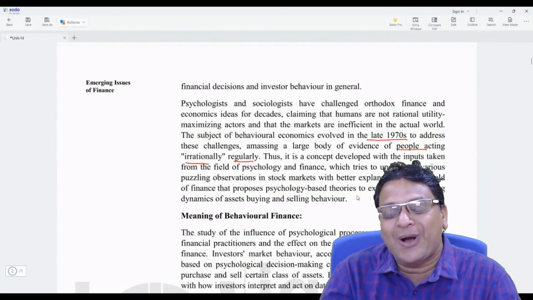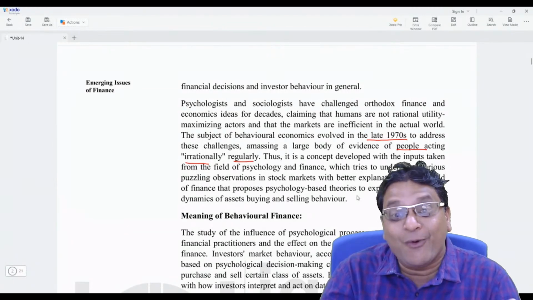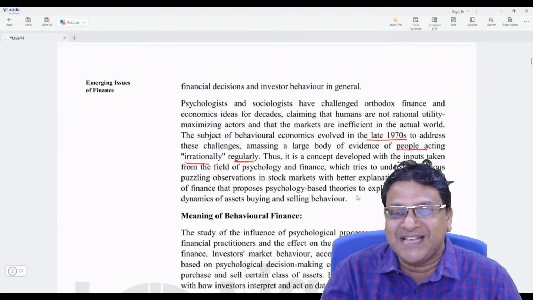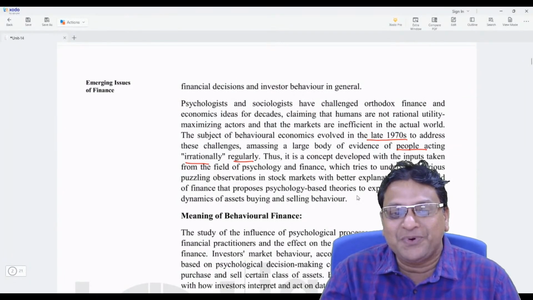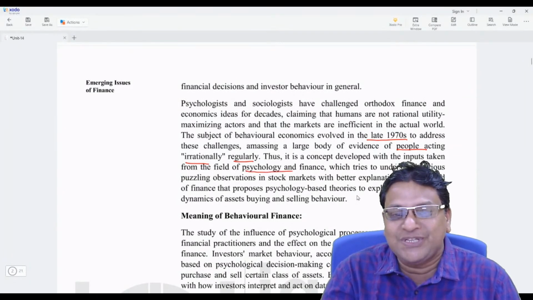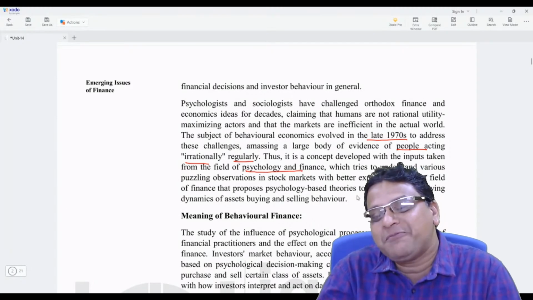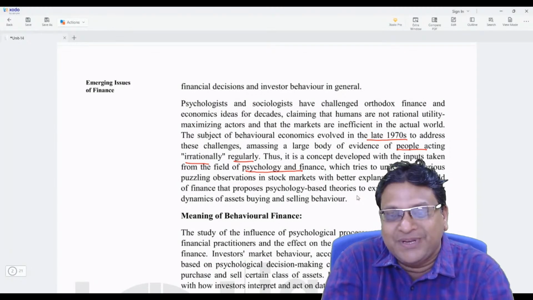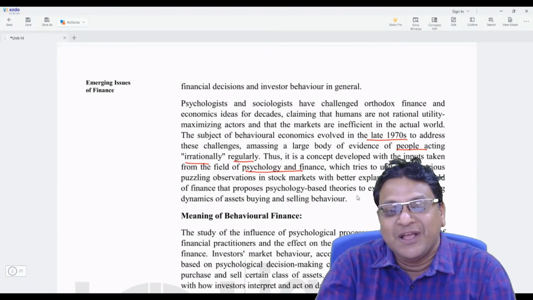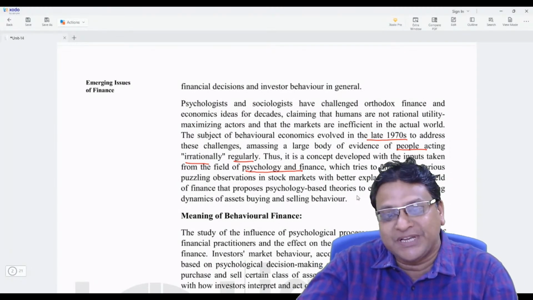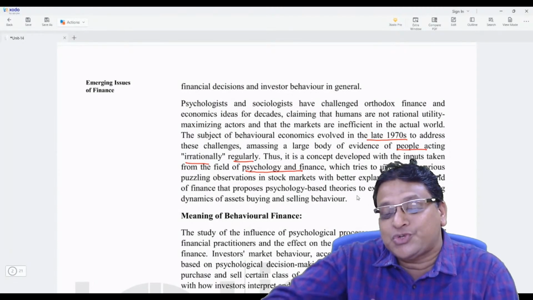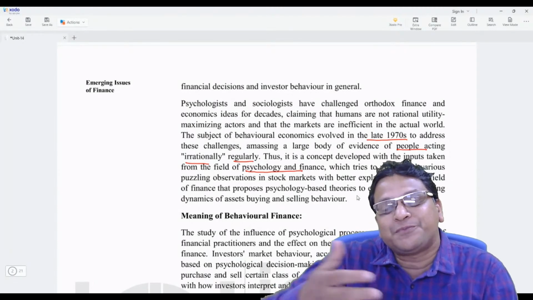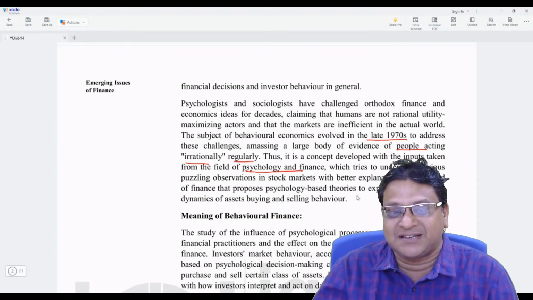They do not act irrationally occasionally, but they act irrationally regularly. This is a concept with the inputs taken from psychology and finance. So, behavioral finance is a happy blending of psychology theories and financial theories. With the help of psychology theories, we try to solve some unsolved problems of finance.